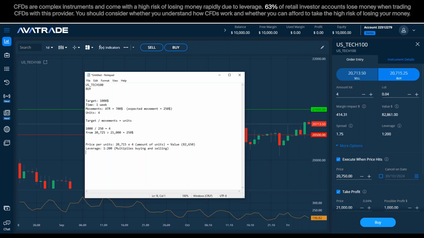Therefore, we're going to go value divided by leverage equals margin impact. And margin impact equals the necessary amount to open the position. That's actually what I need, and not the value, and not the price either.